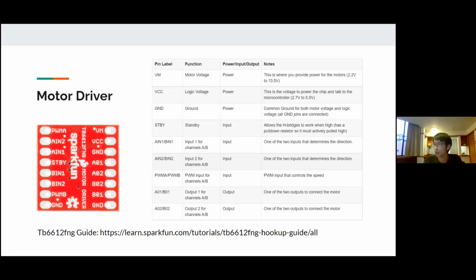Theoretically speaking, you can power the Arduino with the 6-volt battery as well, but that will leave you with no power for the motor driver. So yeah, just to clarify that. That's why you are having 2 battery packs.